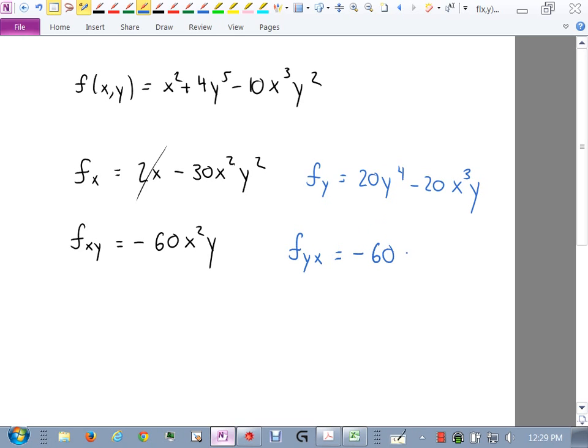Negative 60x squared y. Oh, they're the same. Think that's always true? The partial with respect to x then y is equal to the partial with respect to y then x. Do you think they're always the same? Not always. When they are, it's a nice thing, but that's not always the case.